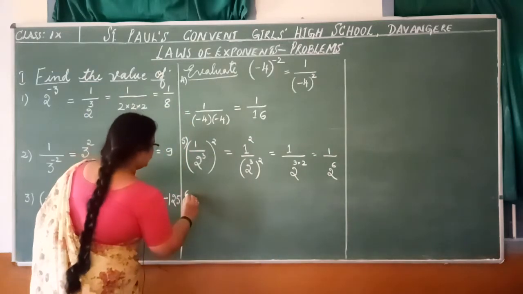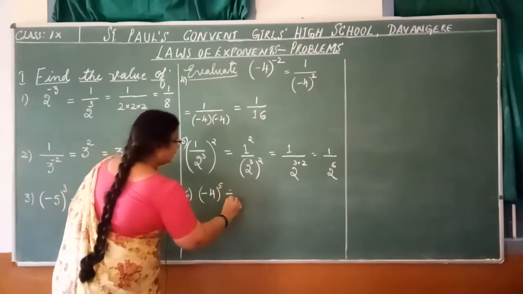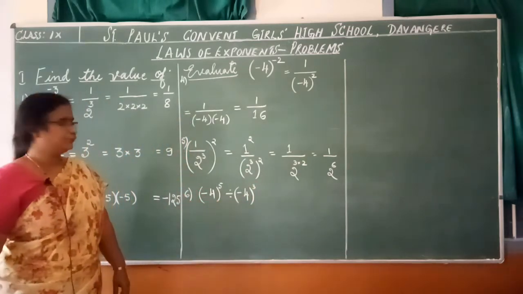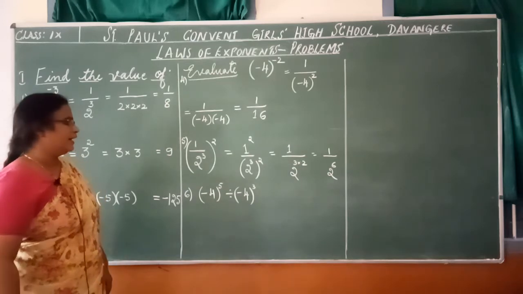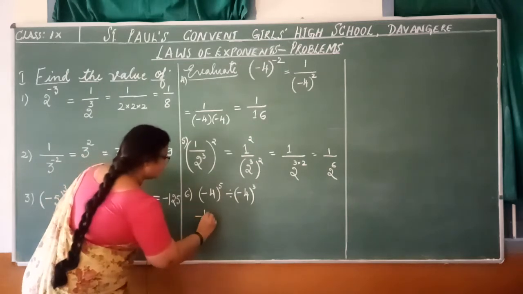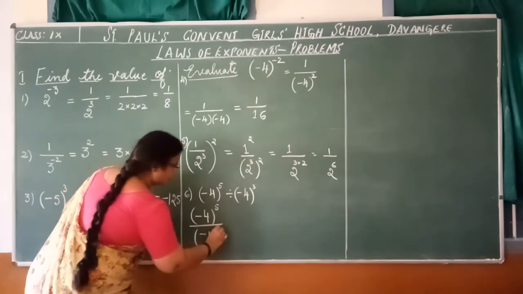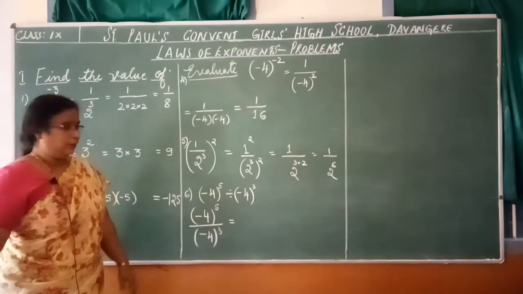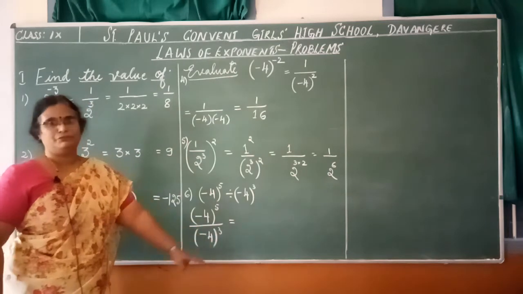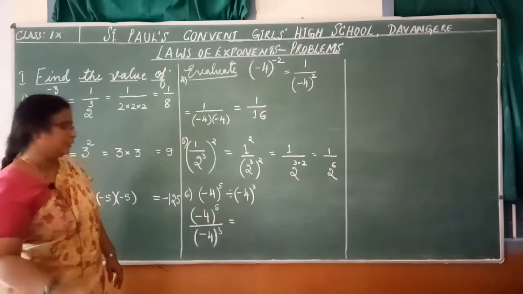Then, the 6th one. Minus 4 whole to the power of 5 divided by minus 4 whole cube. Division is there. This is in the form of a to the power of m divided by a to the power of n, which is nothing but a to the power of m minus n, second law.